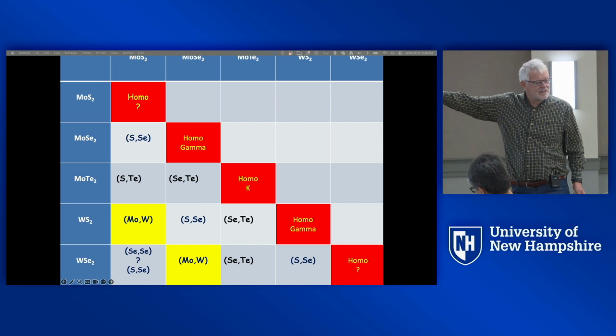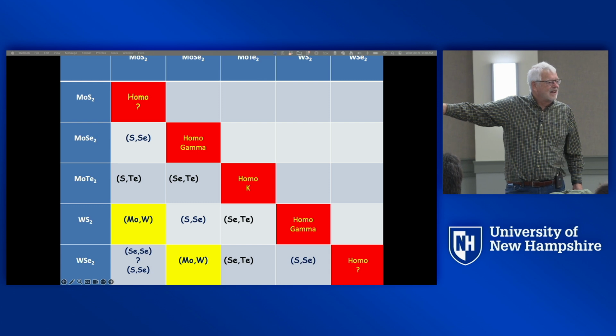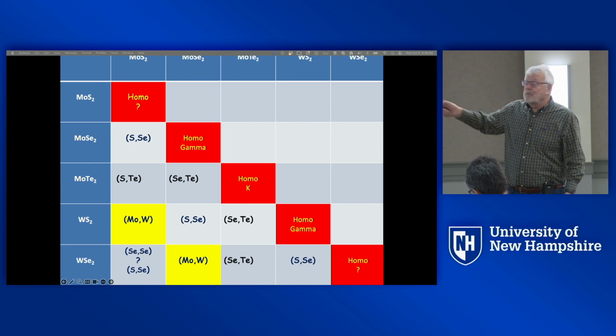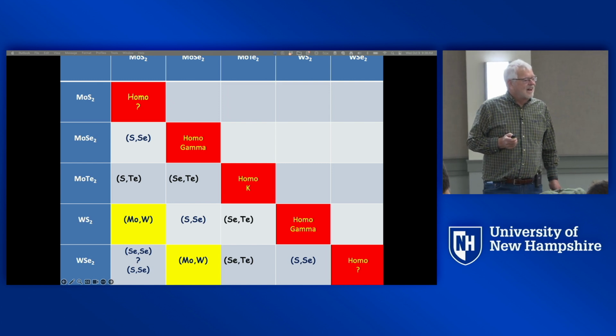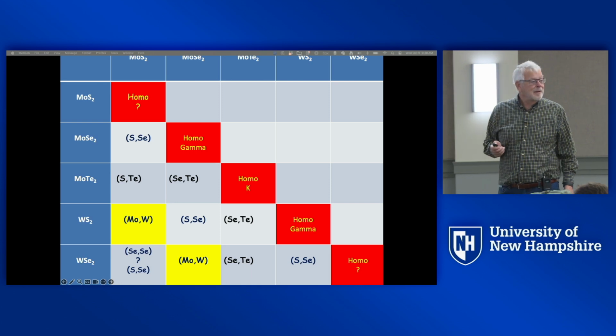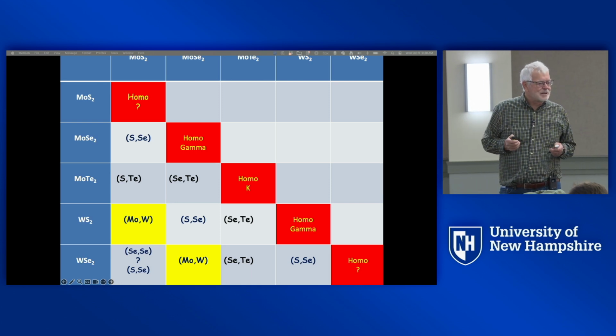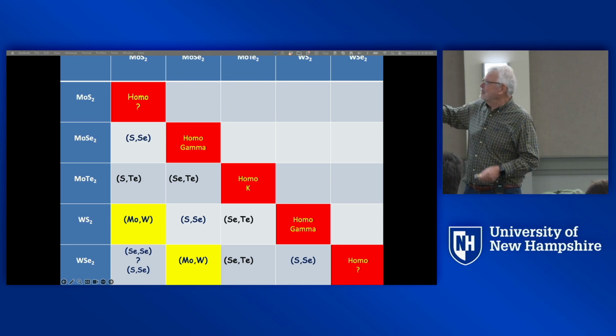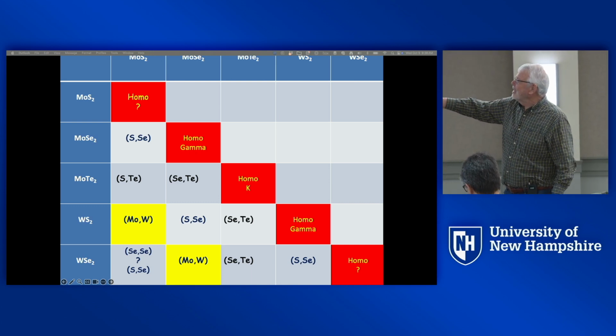These are group 6 transition metals. There are also transition metal dichalcogenides layered systems from group 4 transition metals. Those are also interesting but not much has been done with them experimentally. Our experimental colleagues maybe can tell us why. But let me start talking about this group.